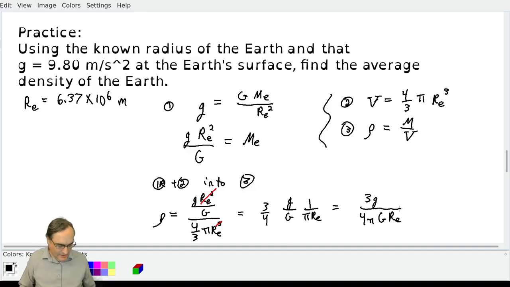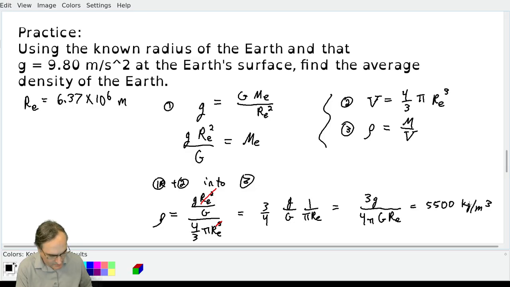So that should actually tell us the density. All right, 3 times 9.8 divided by 4 times pi times 6.674 times 10 to the minus 11 meter squared per kilogram squared times 6.37 times 10 to the 6. And we get 5,500 kilograms per meter cubed.